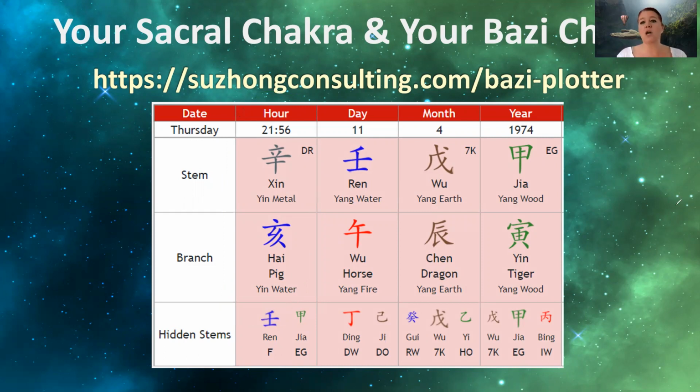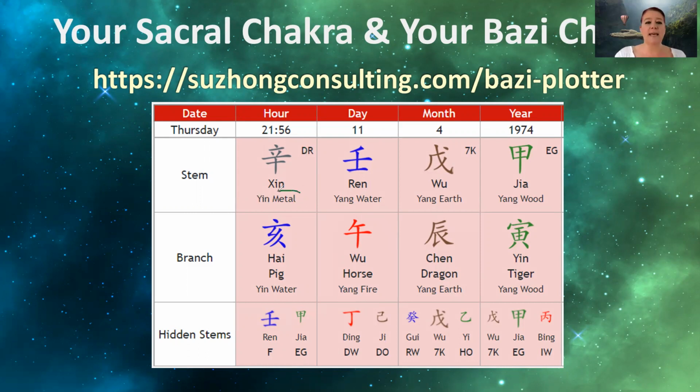Once you have plotted your chart, you will get something like this. It looks much more complex on your screen, but we're focusing solely on this part in your Bazi chart. The two elements we are focusing on for today are the hour stem and the day branch. We are not so concerned with the Chinese character or the name of it or the 10 god.